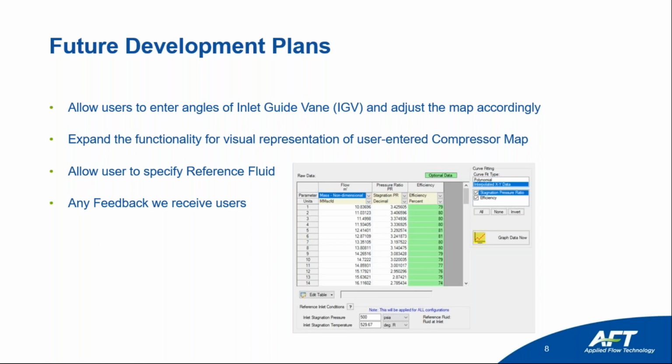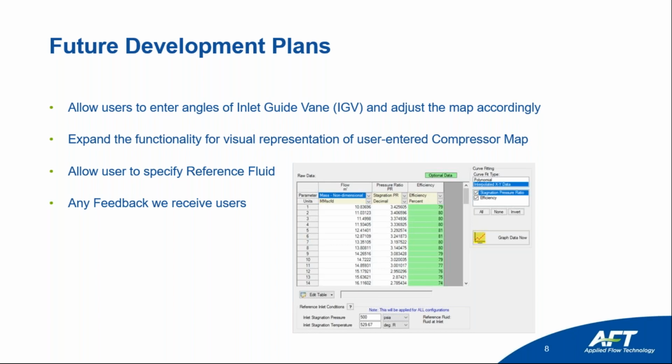So compressor map is kind of a new feature in Arrow 10. There's a lot of different things we're wanting to add and update to it. One of those is allowing users to enter inlet guide vane angles. Inlet guide vanes change operation a lot in compressor curves, and we would love to have people be able to adjust their curves to fit those.